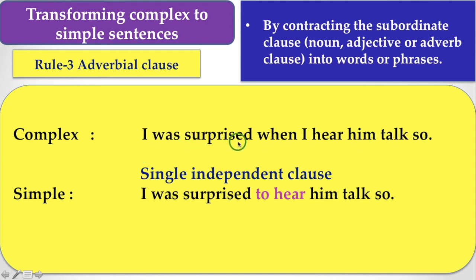"I was surprised" is a main clause. "When I heard him talk so" is a subordinate clause. And while we are going to change it into a single independent clause, we have to use only one finite verb. That is, I was surprised to hear him talk so. Here you find "I hear him talk so."